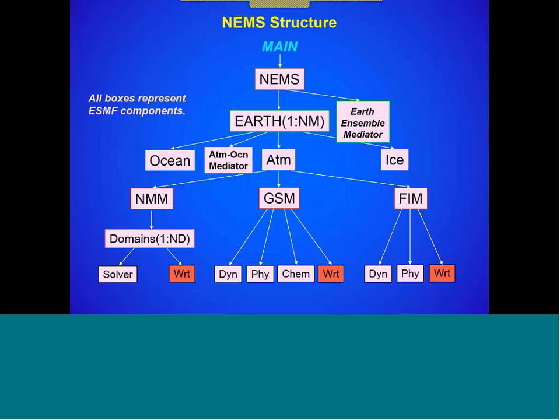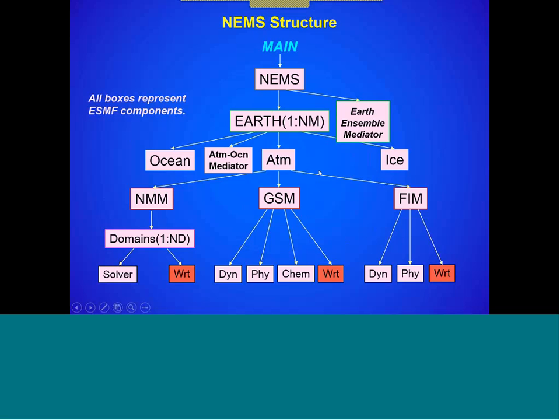Then you can walk down to what the Earth component does: it calls an ocean, an atmosphere, and an ice, and has a mediator between atmosphere and ocean, and we'll eventually have a mediator to the ice. So basically the Earth component instantiates its individual mediums. I don't have any details about ocean and ice, but let's dive into the atmosphere.